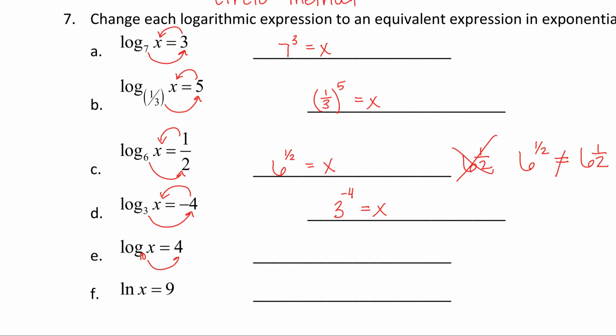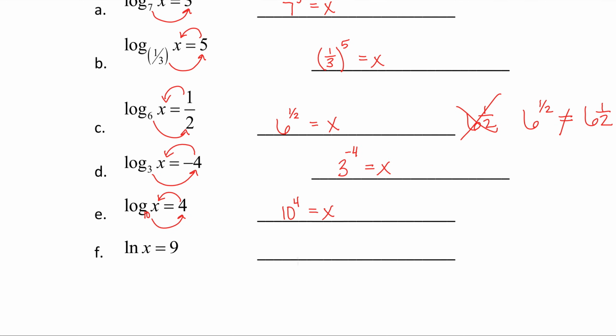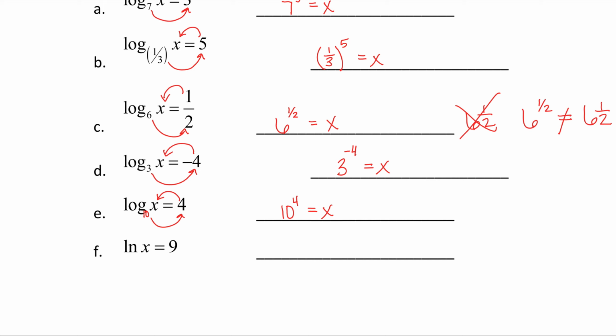So we'll say 10 raised to the power of 4 equals x. All right, ln, right? We use e. So we say e raised to the power of 9 equals x.